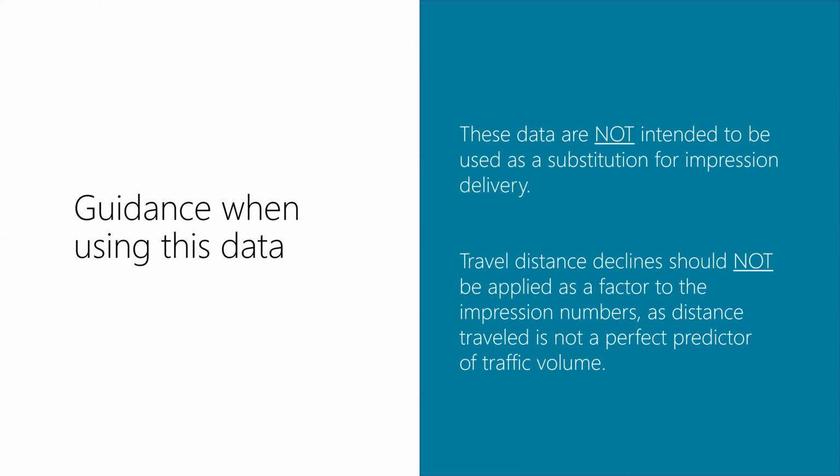And the activity that we're measuring is travel distance. And travel distance is not a perfect predictor of traffic volume. And traffic volumes on every roadway is what we end up using to calculate impressions for every single piece of inventory. So again, travel distance is not a perfect predictor of travel volume.